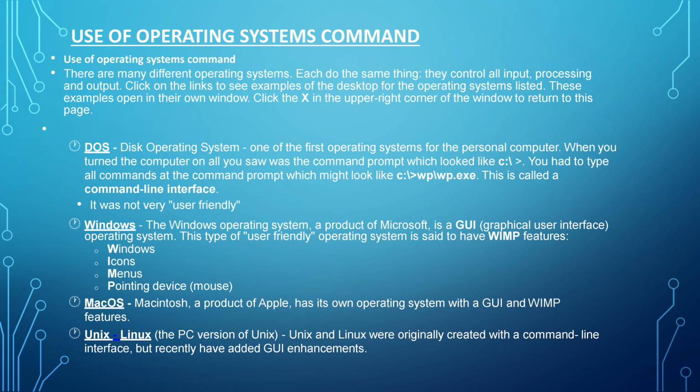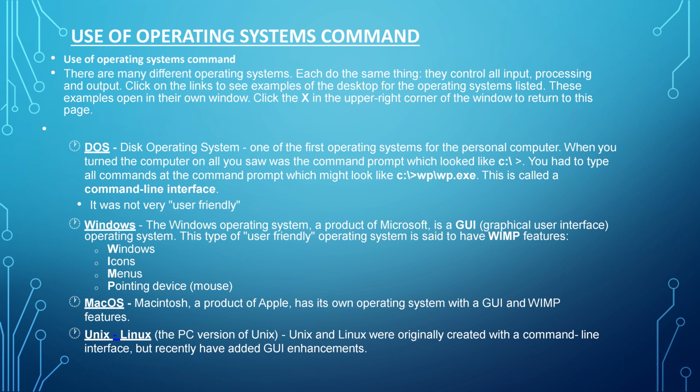Then we have Windows. Windows operating system, a product of Microsoft, is a graphical user interface operating system. This type of user-friendly operating system is said to have WIMP features, and the WIMP features, W stand for Windows, I icons, M menus, P pointers device.